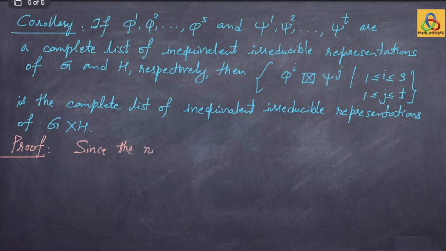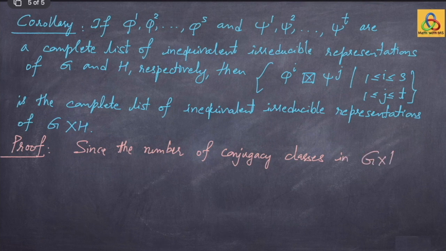So the important thing to note here is that the number of conjugacy classes in a product of two groups is the same as the number of conjugacy classes in one group times the number of conjugacy classes in the other group.